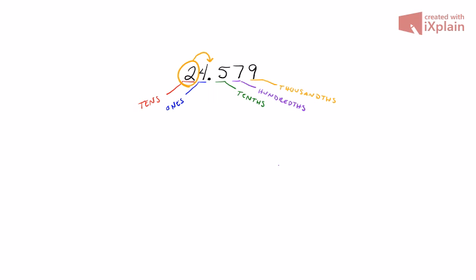If the value that is next to the place that you want to round to is a 0, a 1, a 2, a 3, or a 4, so in other words, the first 5 of your digits from your decimal system, the number in the place that you want to round to will not change.